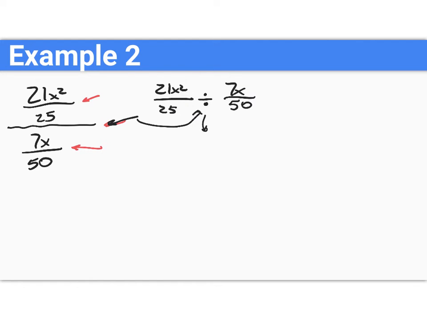And then we know we have to change and flip. So 21x squared over 25 times 50 over 7x.